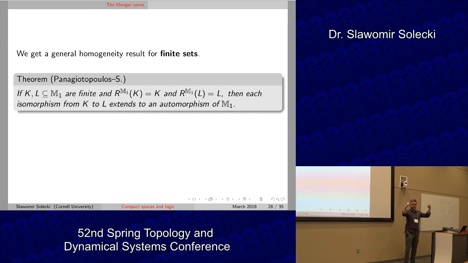So if a point in K is mapped to a point in L, and the point in K has a twin, then the point in L also must have a twin, and they are also matched by this matching. Then every isomorphism like this extends to a full automorphism of M1.